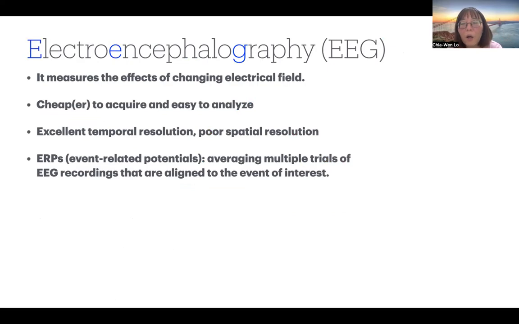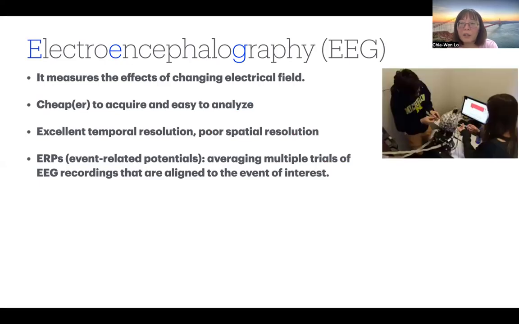And in the next part, I will show some ERP results recorded from EEG. So EEG is a measure that can capture the effects of a changing electric field. In this picture, you can see how we collect EEG data.